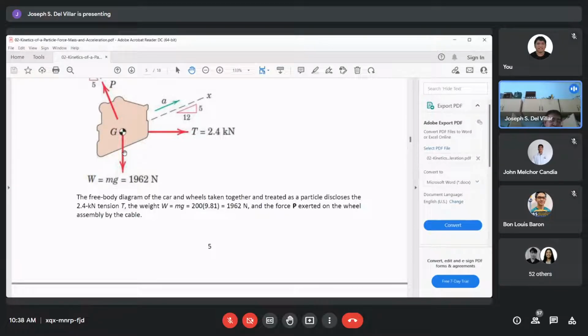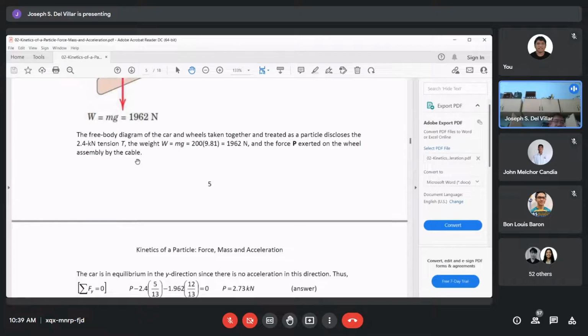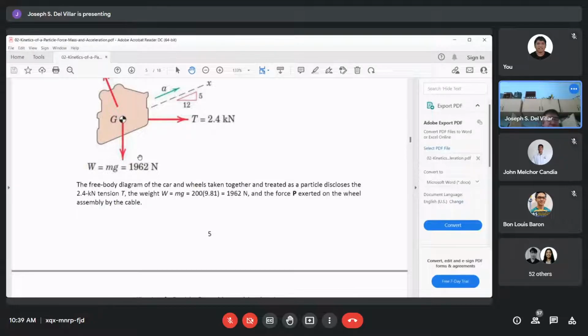So that is adjacent. So we have cosine, no? If this is the angle and this is adjacent, okay, that's why it is 12 over 13. So 12 over 13. Okay.